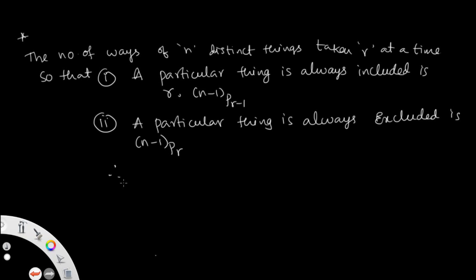Therefore, (n minus 1)Pr plus r into (n minus 1)P(r minus 1) equals nPr, that is the number of permutations of n things taken r at a time. So that is the simple proof.